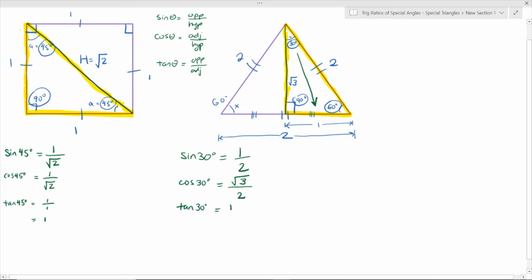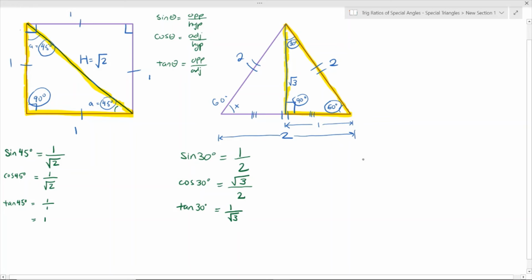And then the adjacent side is right beside the angle, so it's this side, square root of 3. So opposite over adjacent, perfect. Here we have found tan 30 degrees.